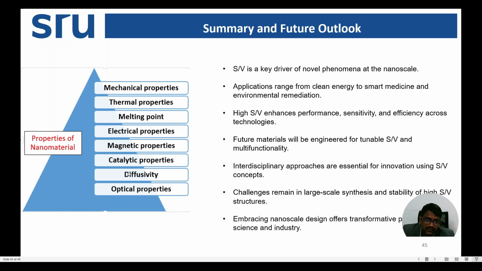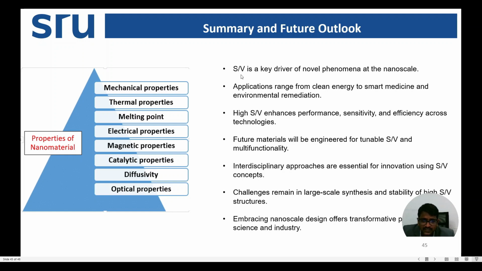Quantum confinement changes all properties: mechanical properties, thermal properties, melting point, electrical properties, magnetic properties, catalytic properties, diffusivity, optical properties. Most of the properties, because quantum confinement and surface to volume ratio are the reason for the change in material properties when you compare bulk to nano. That's why it is very essential to understand the science of quantum confinement.